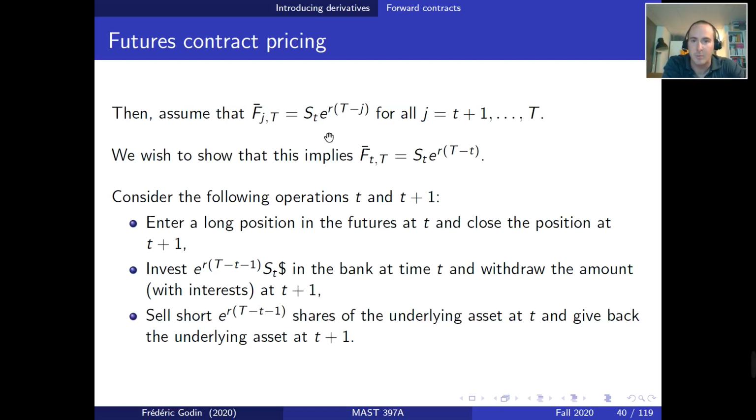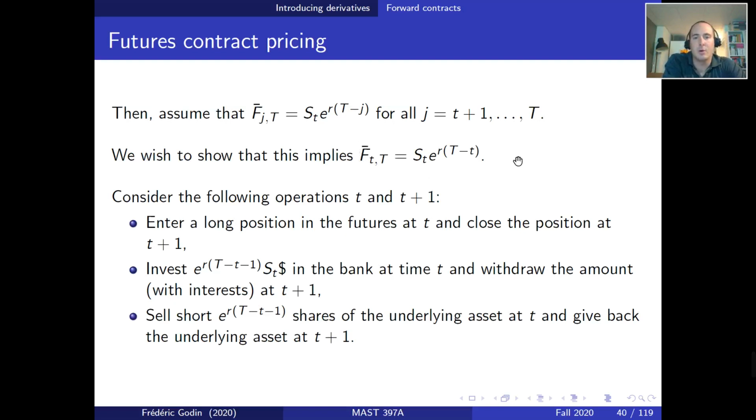This is our formula for the futures price we had previously, and we assume that this holds for all j equal to t+1, t+2, t+3, etc., until capital T. This is our induction hypothesis. We assume it holds for all values of j greater than t, and we want to show that this implies the statement must be true for j equal to t.